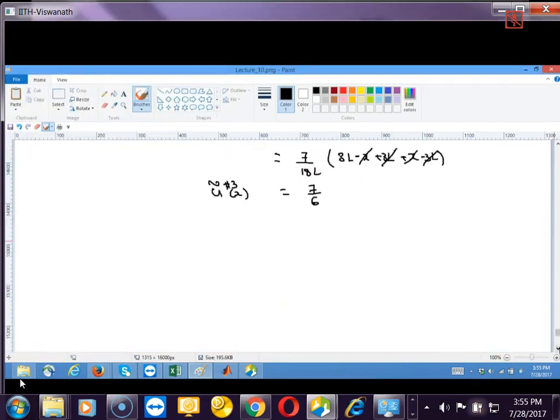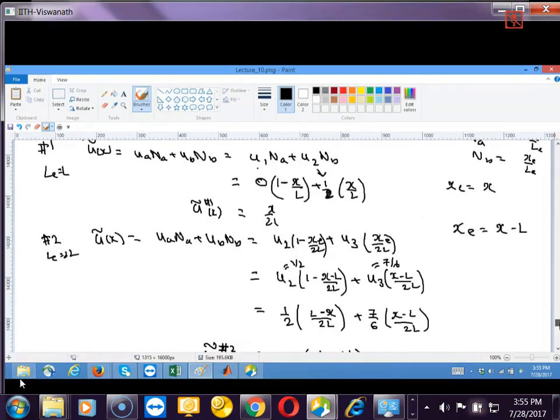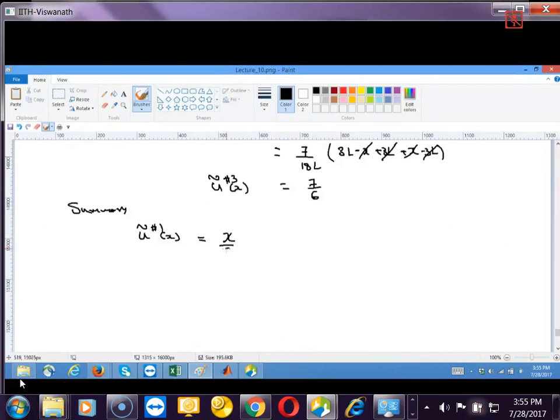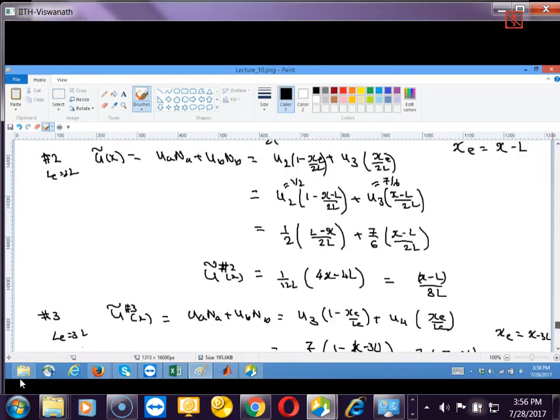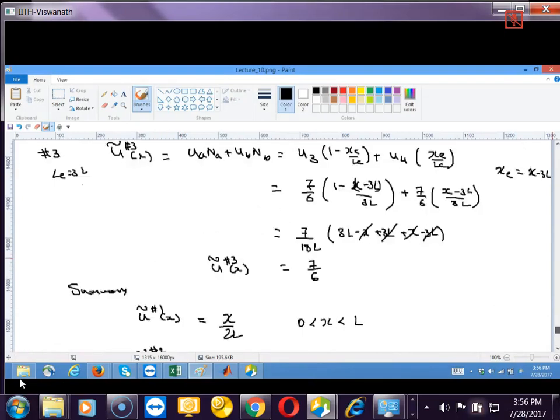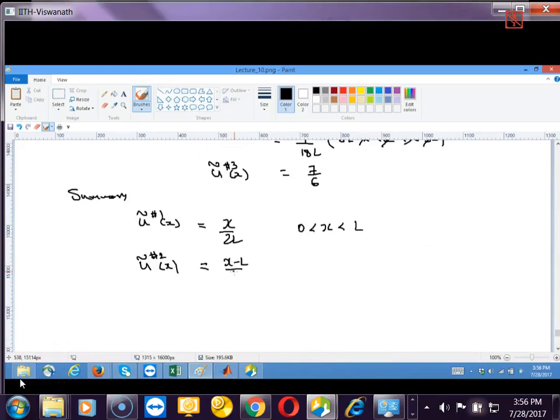So to summarize, u tilde of x for element 1 is equal to x by 2L, where x lies between 0 and L. And u tilde for the second element is given by (x minus L) by 3L, for x lying between L and 3L.